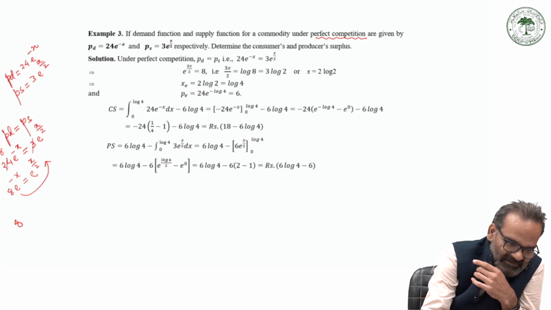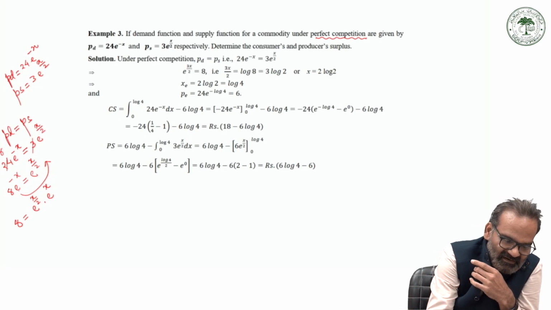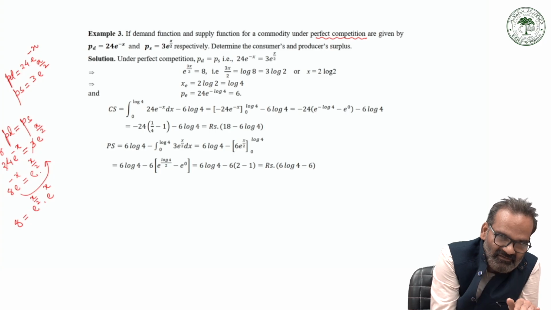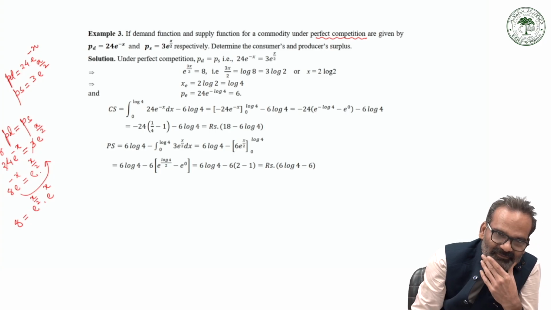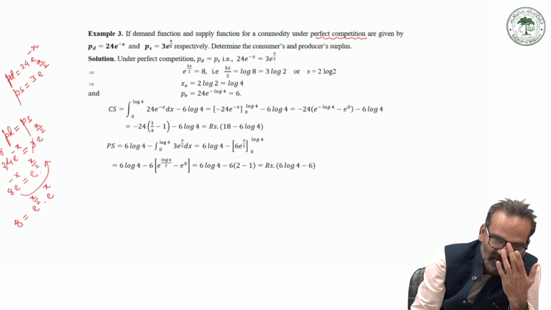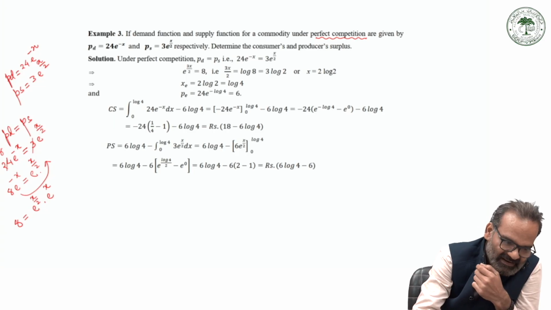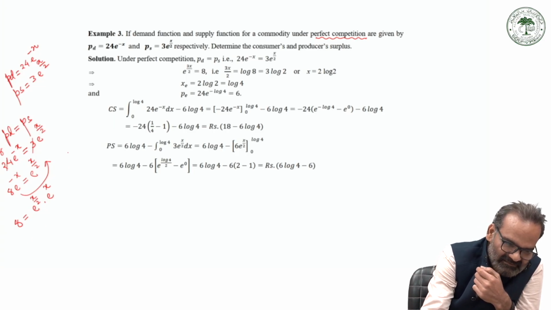We can write it 8 is equals to e raised to the power x by 2 into, it will be positive, because if you transfer this from left to right, it will be in denominator, and when you shift it from denominator to numerator, it will become positive. And when two numbers are multiplied, their exponents are added, so this can be written as x by 2 plus x. What you will get? That is equals to 3x by 2.